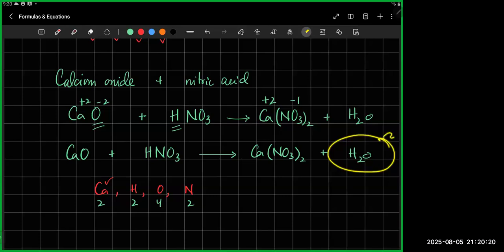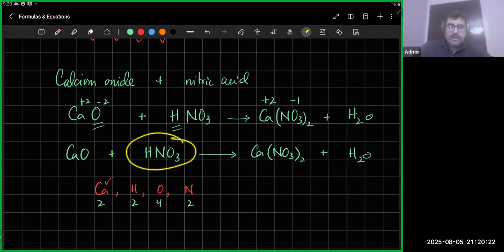There are 2 H's here, but only one H there, so I need to multiply this by 2. Now my H is balanced. Don't touch O at the moment. We'll just try to balance N.